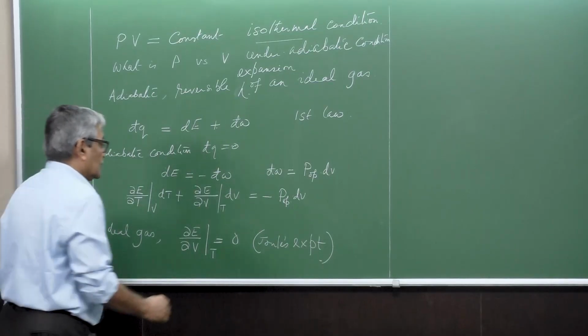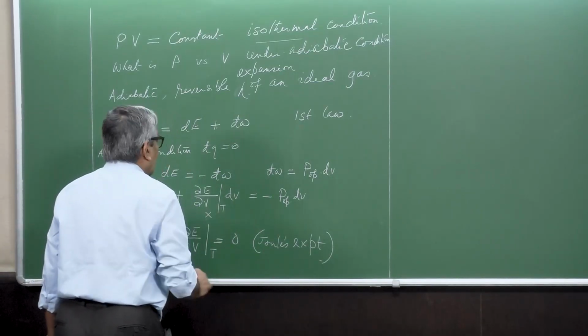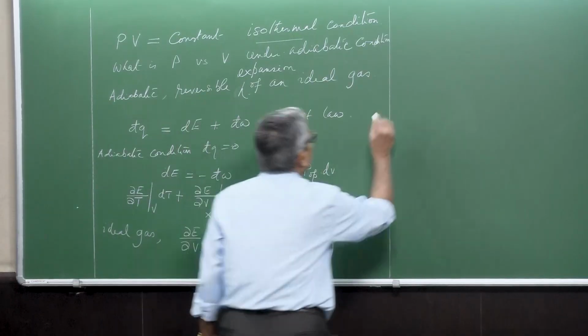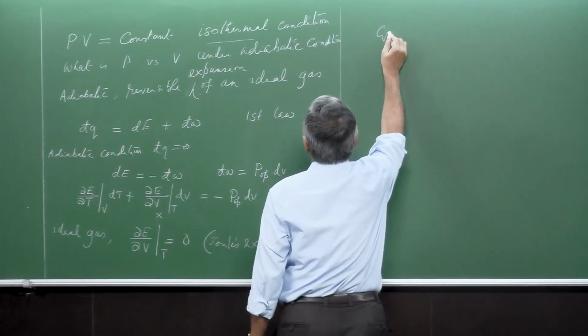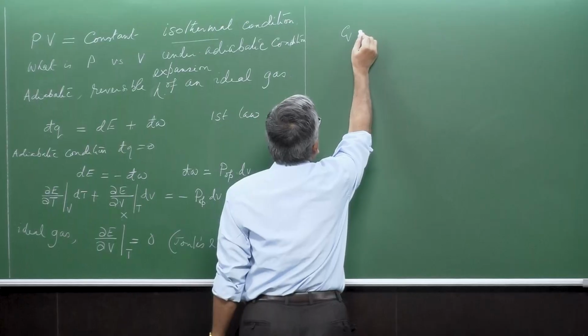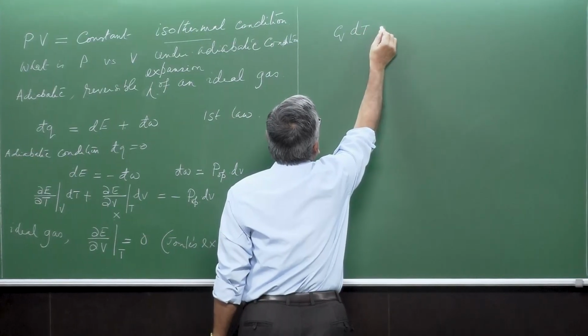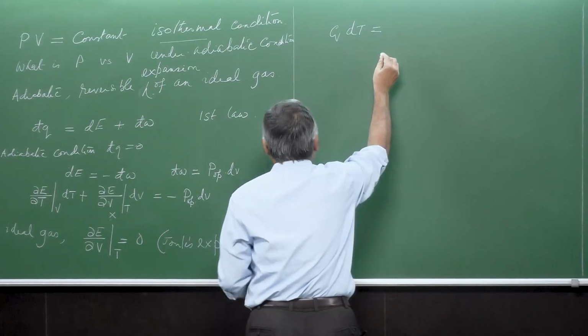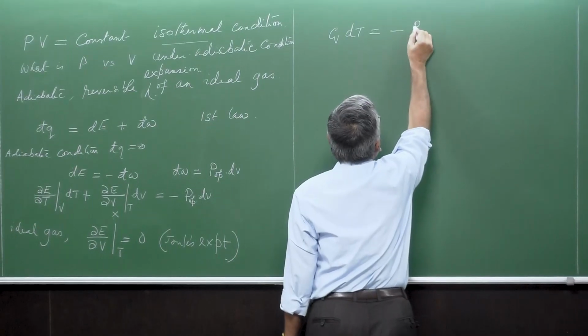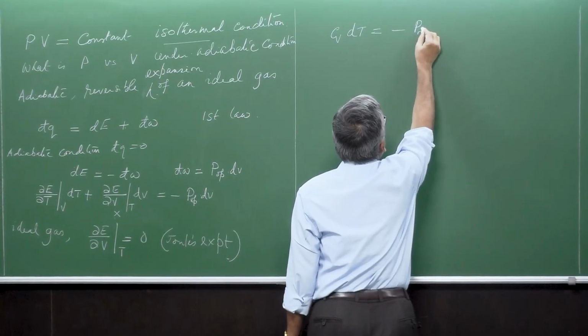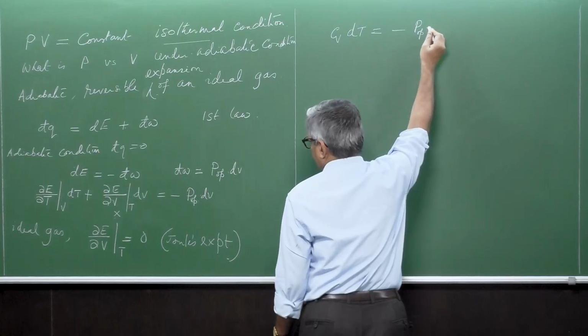So we can forget about this term, and the term that we have is Cv, that is del E by del T, Cv times dT, equal to minus P opposing times dV.